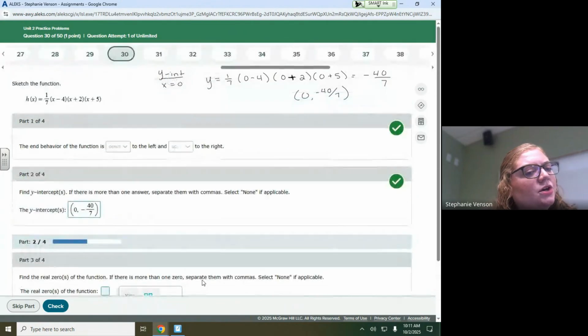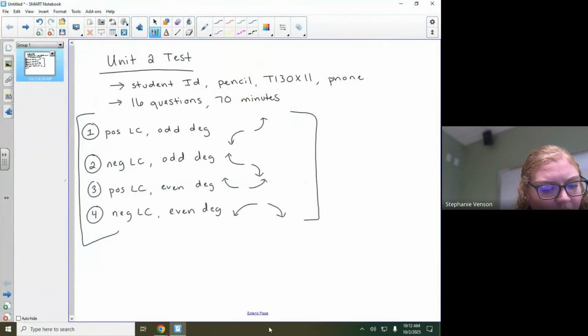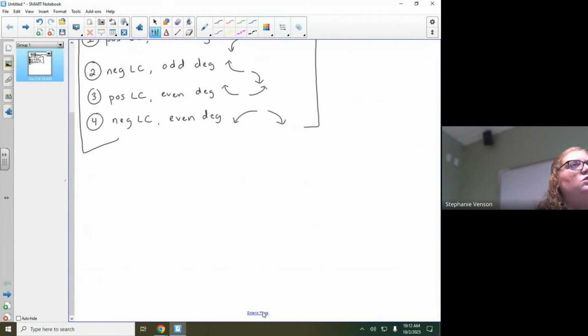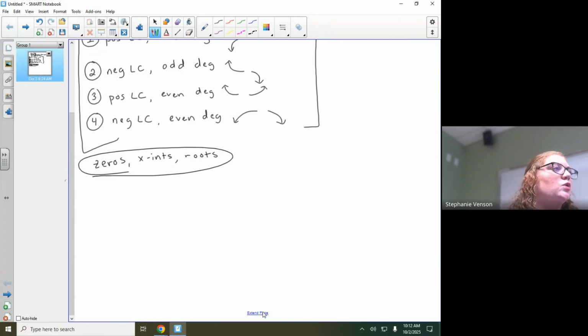Okay, real zeros. So this is review, just kind of coming back to here. Give me 3 names for zeros, including zeros. So give me 2 more. Zeros, x-intercepts, and roots. So if they say zeros or x-intercepts or roots, all 3 of those directions are telling you to do the same thing.